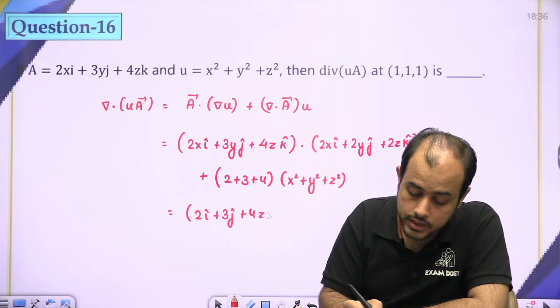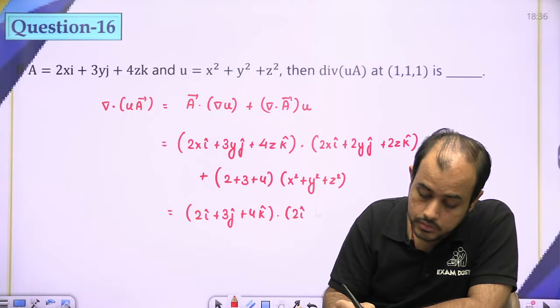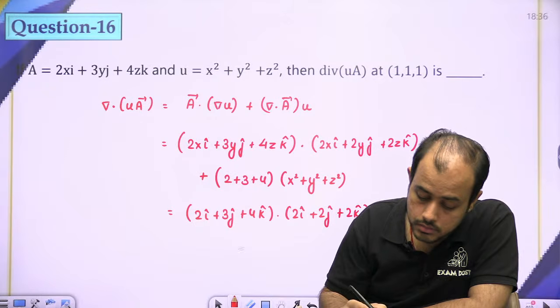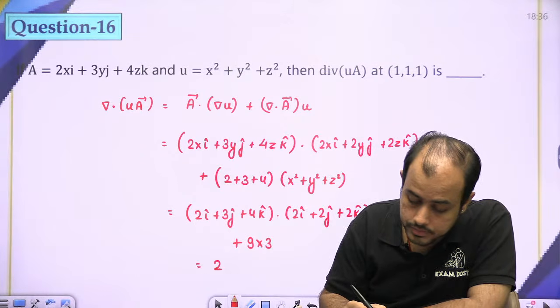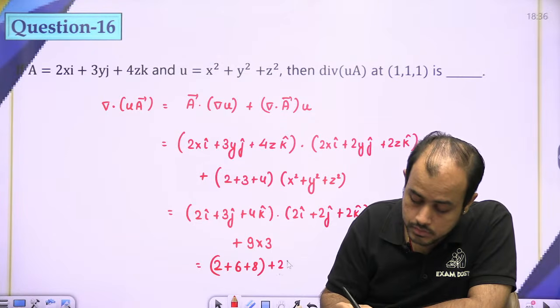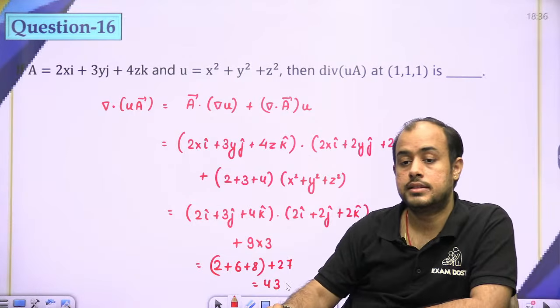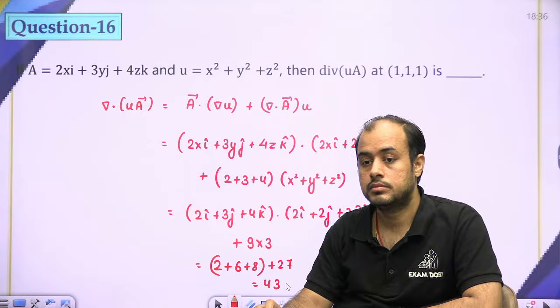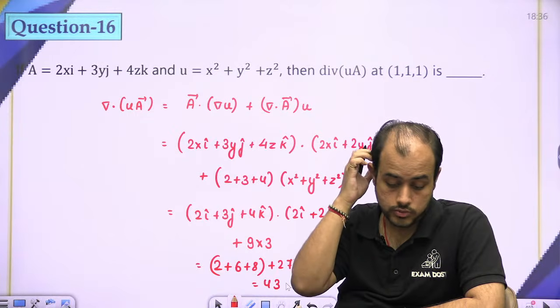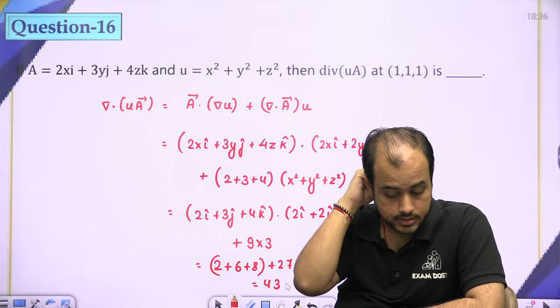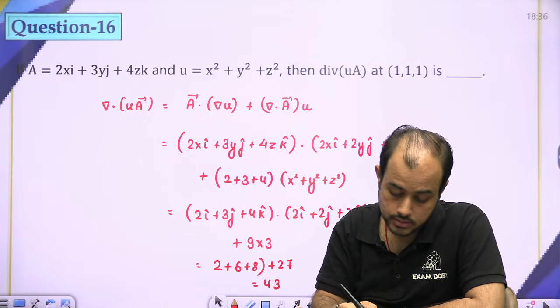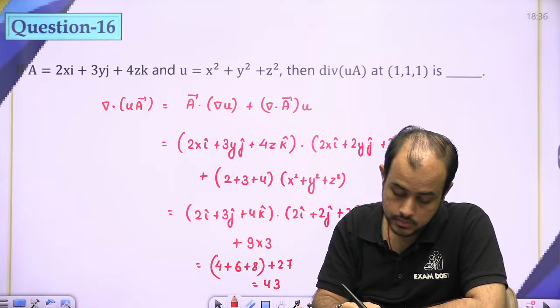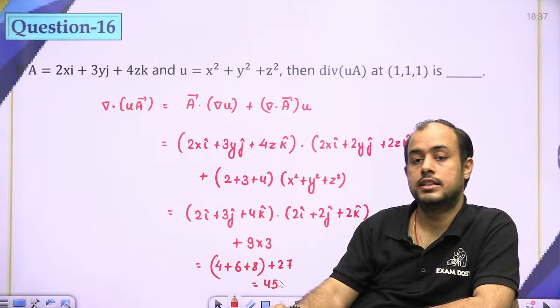Now we are putting the value 1, 1, 1. तो आंसर इज 43. ठीक है, 45 आ रहा है. फोर, 4 plus 6, 10, 10 plus 8, 18 आएगा. Is 40. आंसर इज 45.